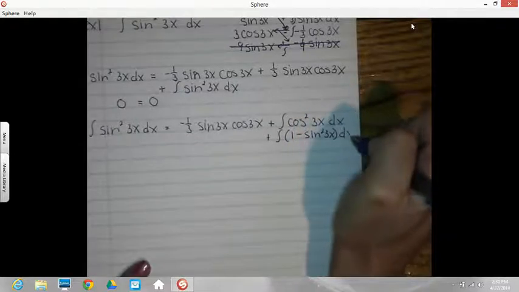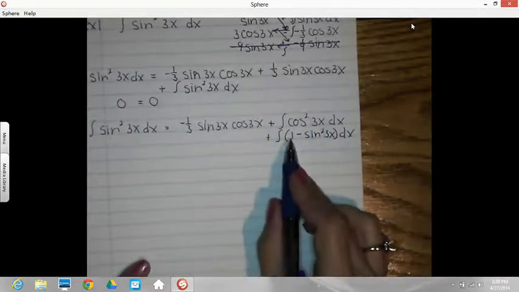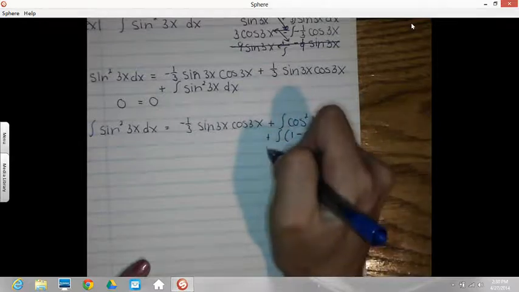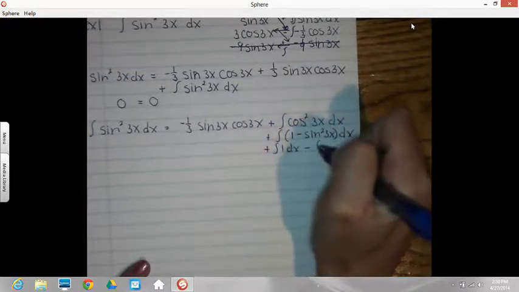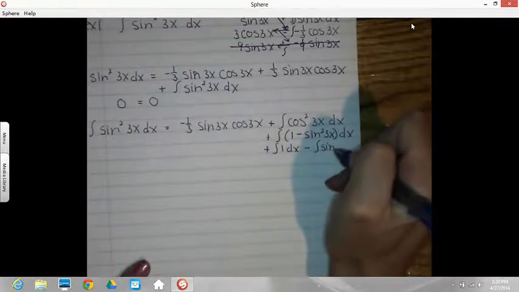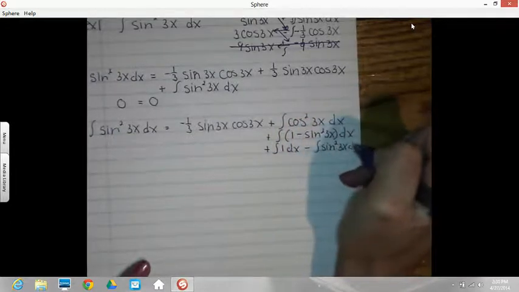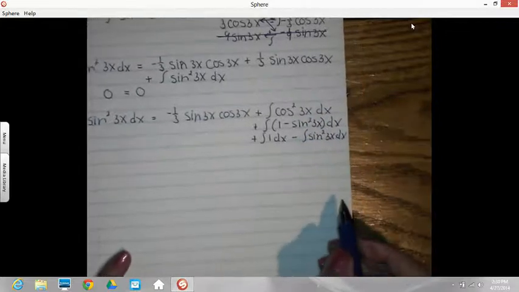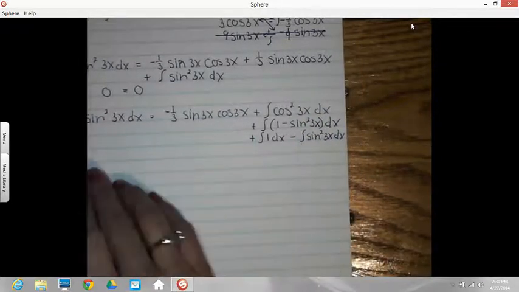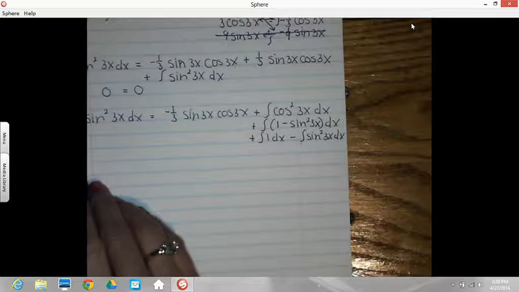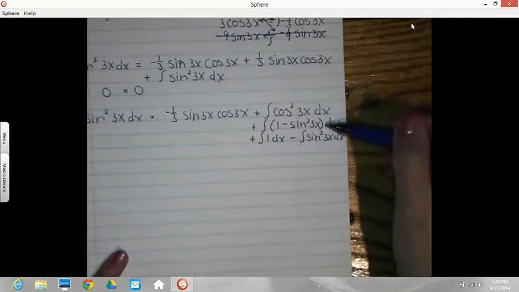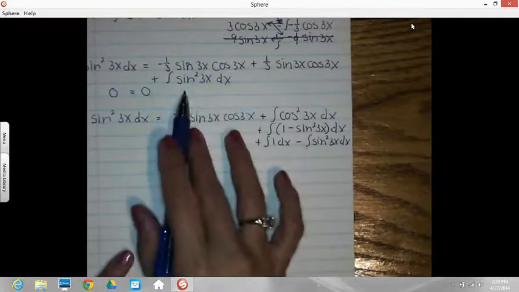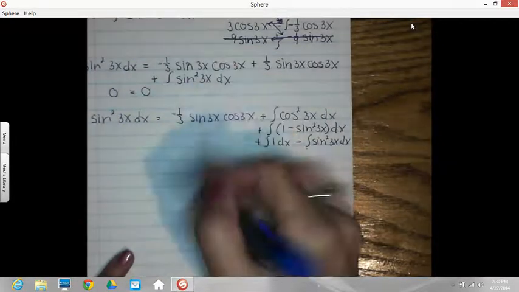dx. And I'm going to break that apart into two separate integrals. 1 dx minus the integral of sine squared 3x dx. Now I've got a like term that I can add to the other side and not cancel it out. So I did make the original reappear, but with a trig identity instead. So if everything falls out, and you don't know till you try, then you got to come back and find another trick.